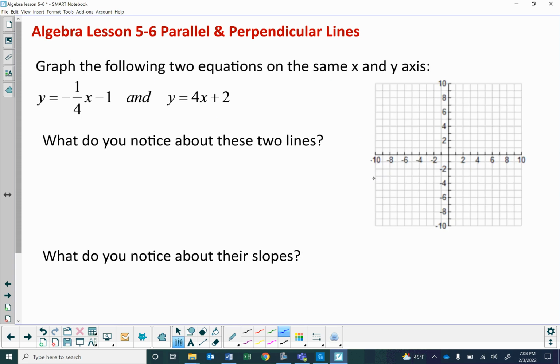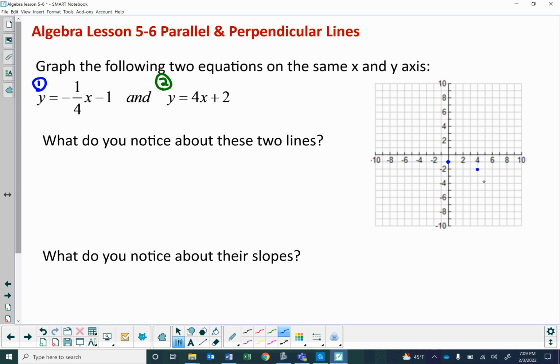Now, let's take a look at two different lines here. Now I'm going to graph the line y equals -1/4 x minus 1 and y equals 4x plus 2. So again, I'm going to label them as 1 and 2. This is equation 1, and I'll do them in different colors just because it's easier to see them. So in this first equation, my y-intercept is -1, so I'll begin there. And my slope is -1/4, so from -1, I'm going to go down 1, to the right 4.